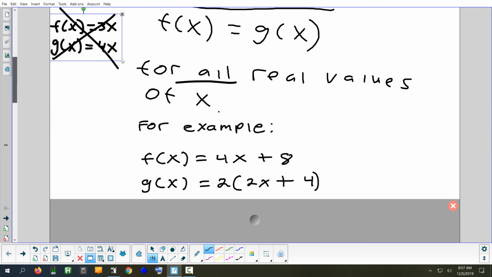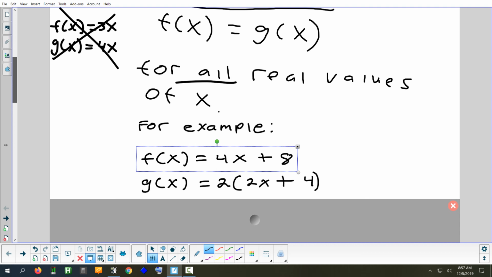Okay. So that's an example of an identity from algebra. Function f of x and g of x are exactly the same thing. Now, somebody that doesn't understand algebra, like maybe someone in 2nd or 3rd grade, would look at that and say, no, they don't look the same. This one has 2's in it, this one doesn't have 2's, but they are the same thing.